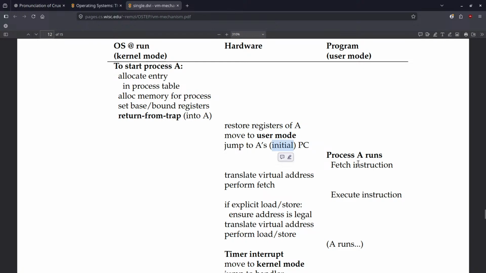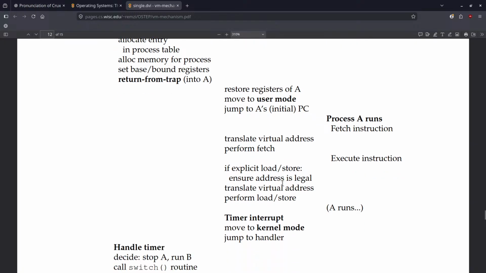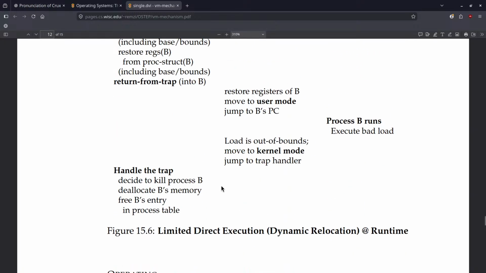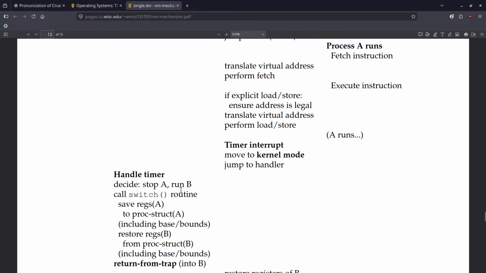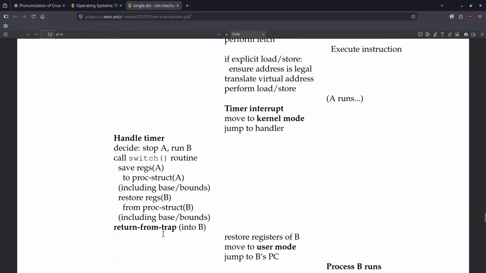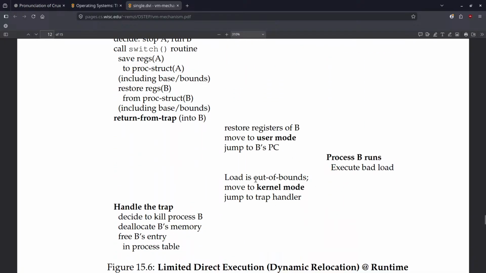Process A runs, fetches instructions, translates virtual addresses, performs the fetch, executes the instruction. Then the switch routine, save registers, return from trap, move to kernel mode, kill the process, whatever.